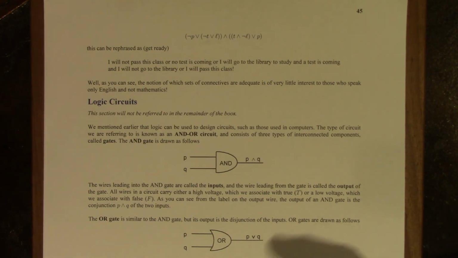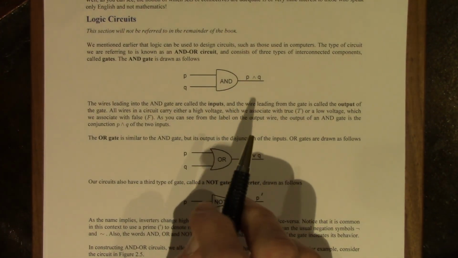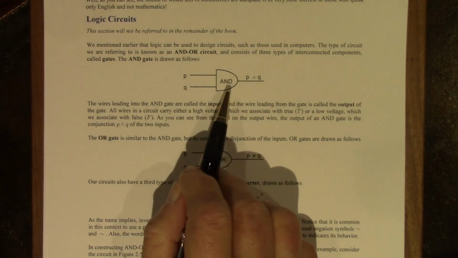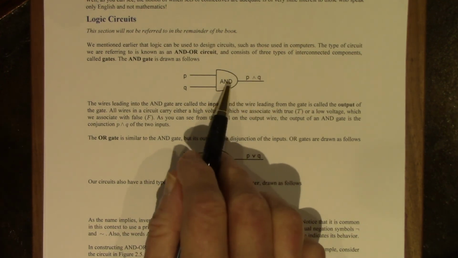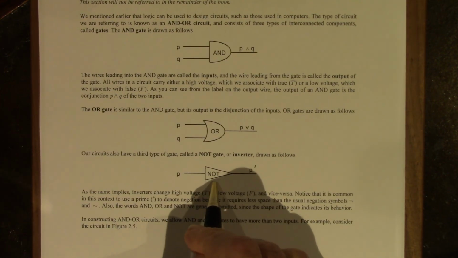If you're building logic circuits, I'm not going to discuss that in this class because we do need to move on. But you would build logic circuits with AND gates, OR gates, and NOT gates, also called inverters.